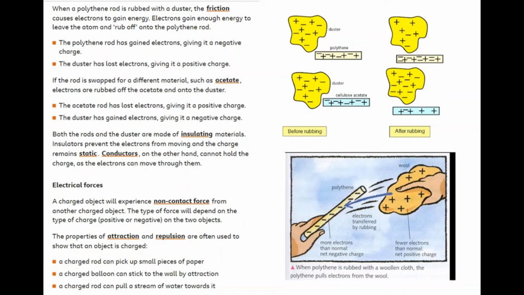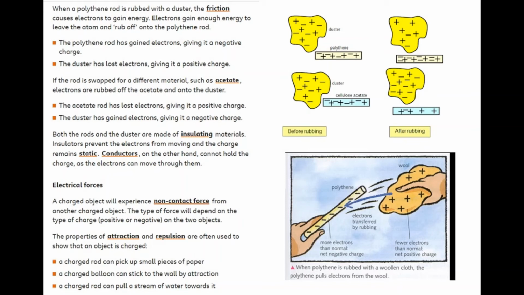Overall, the charge is zero, but you still have charges in them. If you have a charged rod, that charged rod can affect the charges inside that neutral piece of paper, and they can still move.